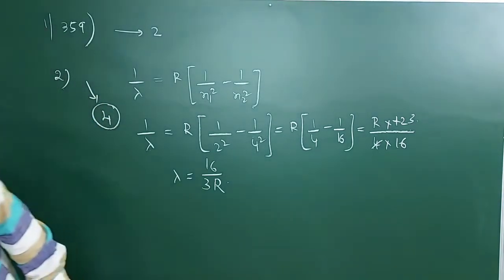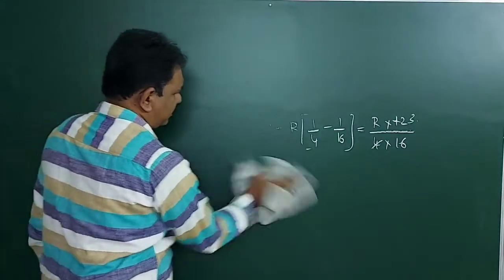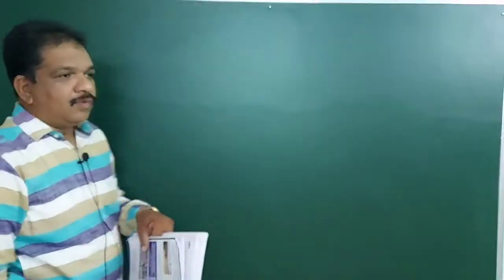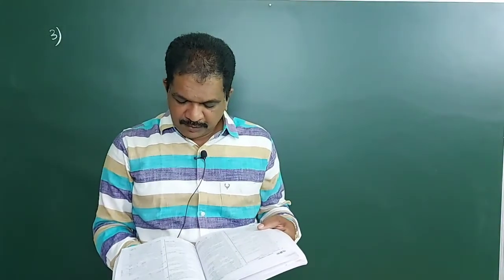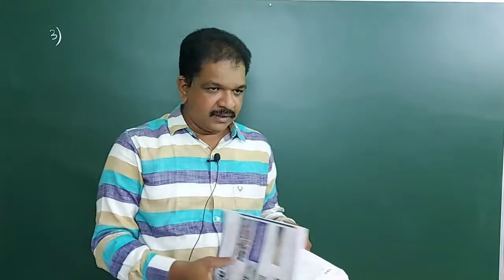Okay, next see the third question. What they are asking: the ratio of the minimum wavelength of Lyman and Balmer series.